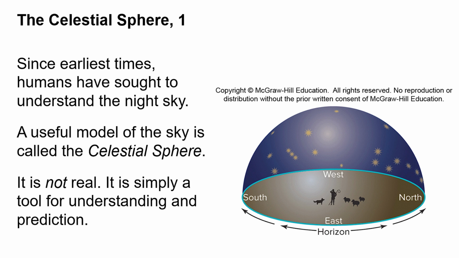The zenith is above your head, and that is your horizon. This is the direction of the east, and I am looking north. Therefore, this is the direction of west, and behind me is south.